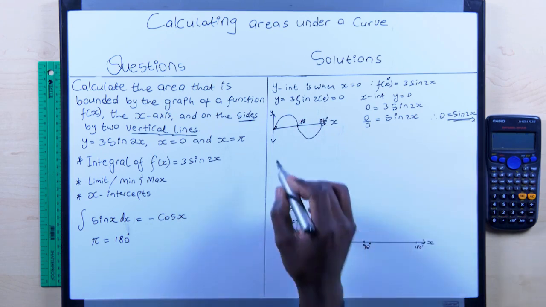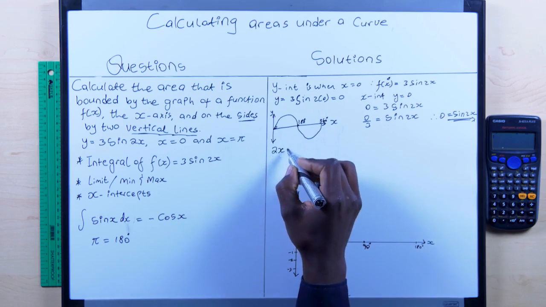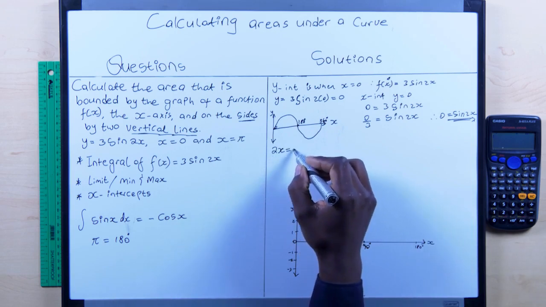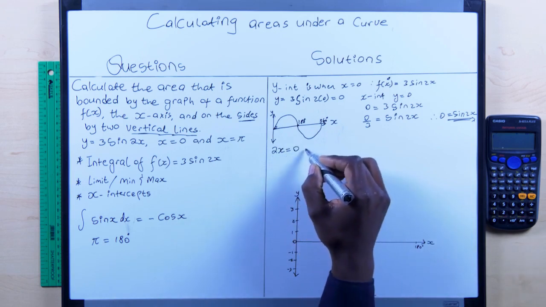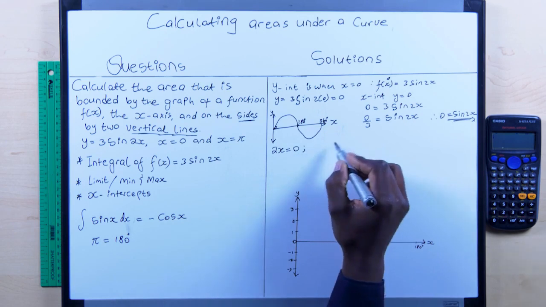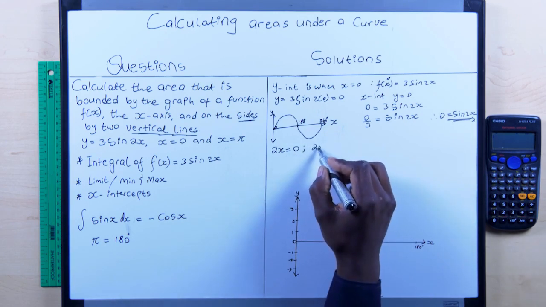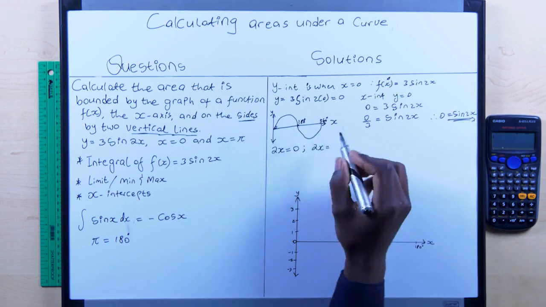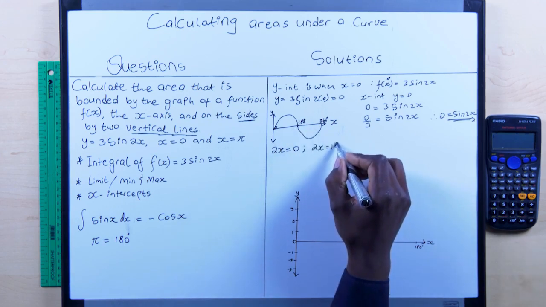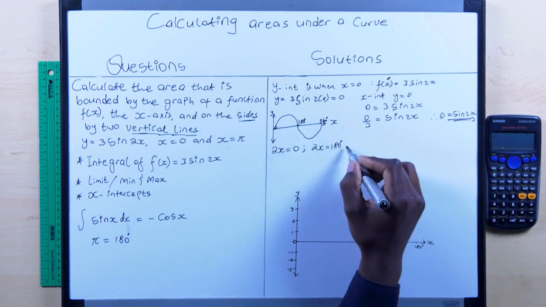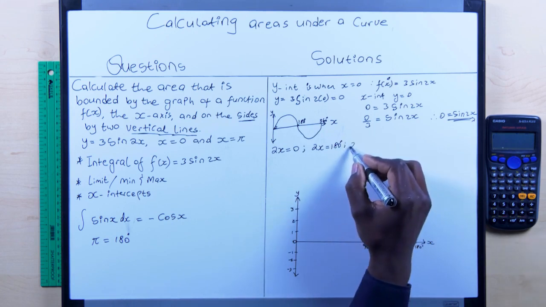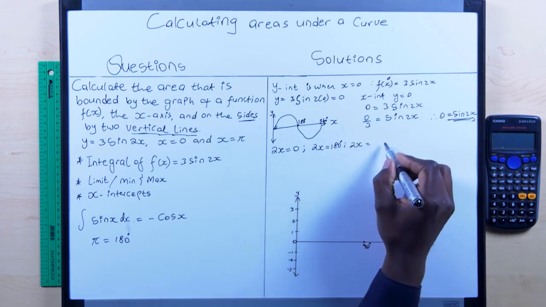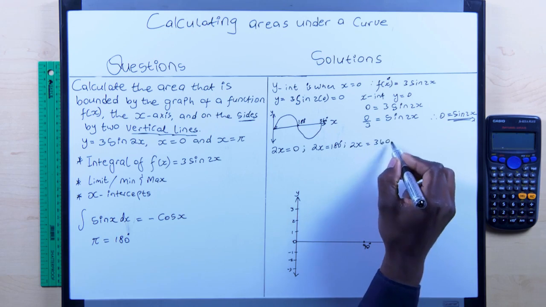This means then that 2x is equal to 0, also equal to 180, as well as 2x is also equal to 360.